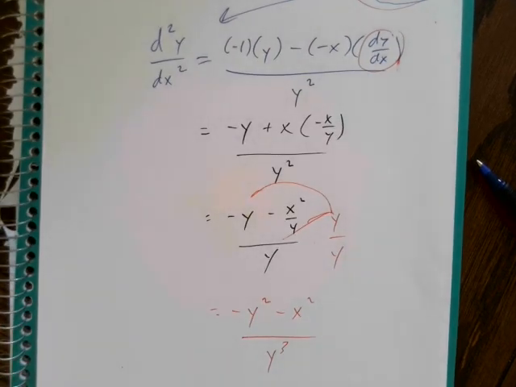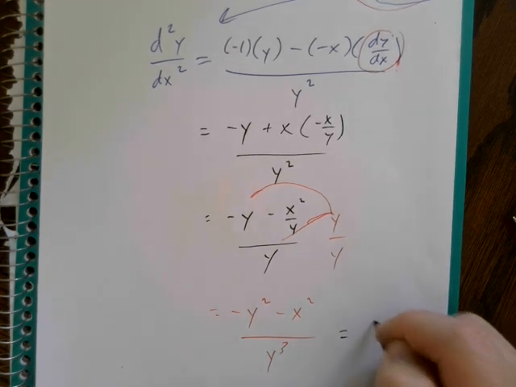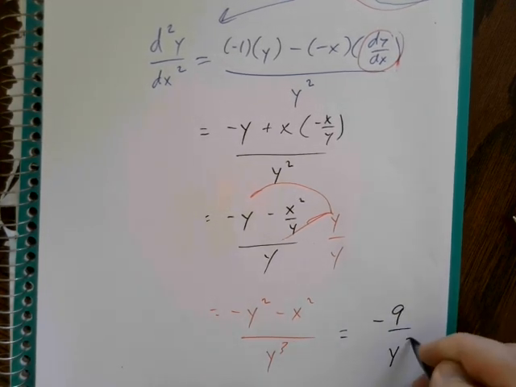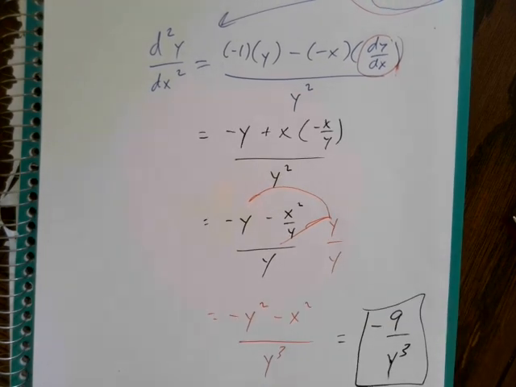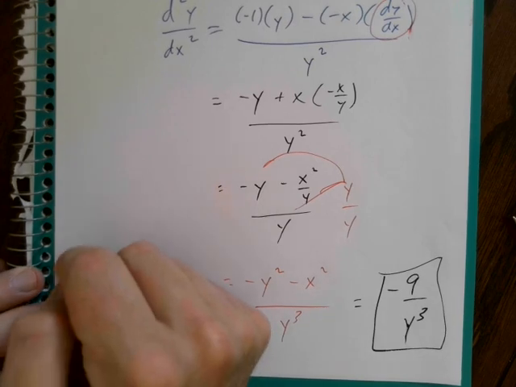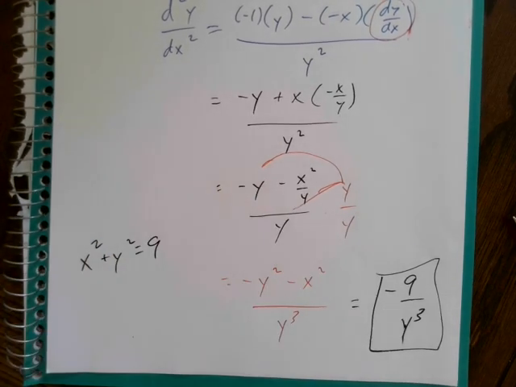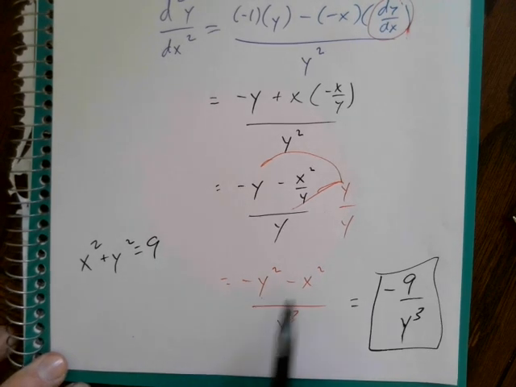And now we're good to go. Now we have the second derivative in terms of two variables. But we can go one step further and write this as negative 9 over y cubed. And how did that happen? Well, going back up to the original question, we were trying to find the second derivative of x squared plus y squared equals 9. Here, we have the opposite of that.